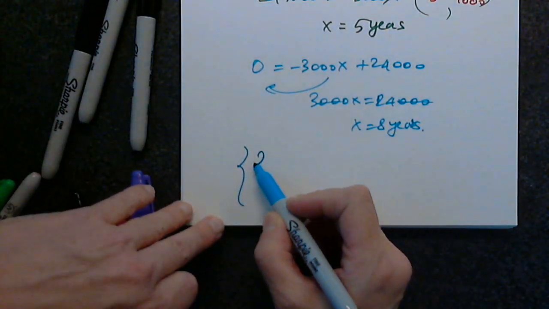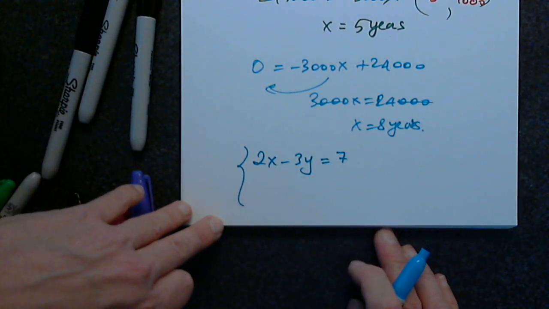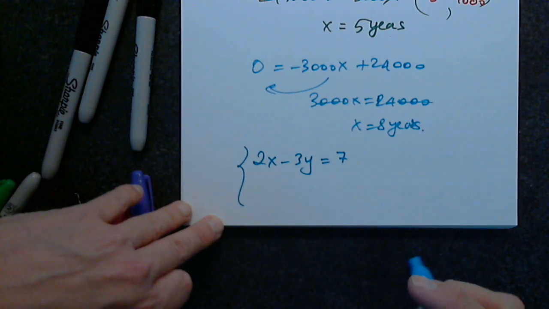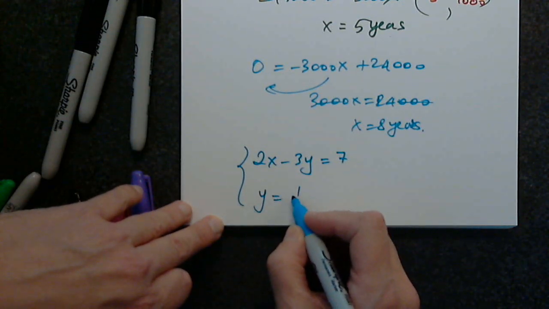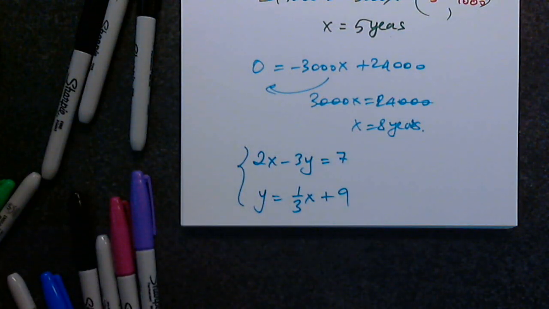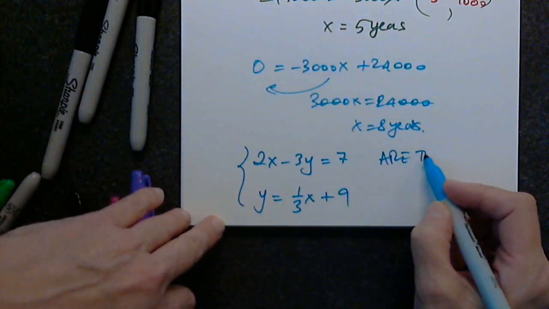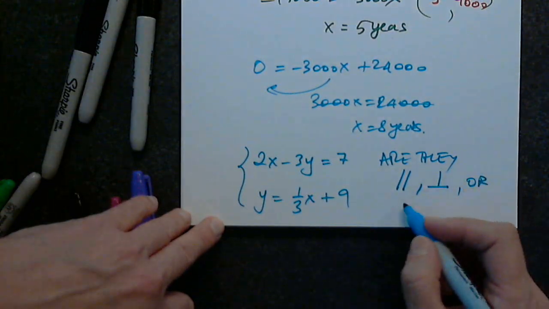Let's say 2x minus 3y equals 7, and the other line, y equals 1/3 x plus 9. The question here is, are they parallel, perpendicular, or none of the above?